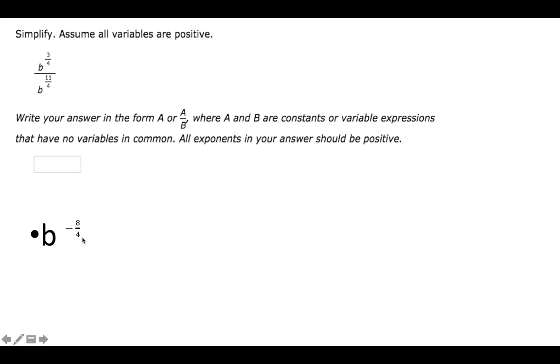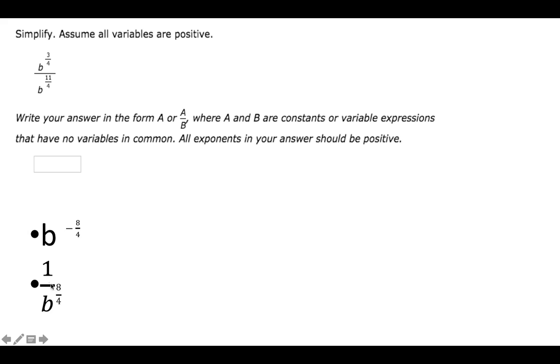All right, next, when you have a negative exponent, you want to rewrite it using all positive exponents. See how this says all exponents in your answer should be positive. So let's go ahead and rewrite it. Here's how you want to rewrite a fraction with a positive exponent. You move this into the denominator position, like so.